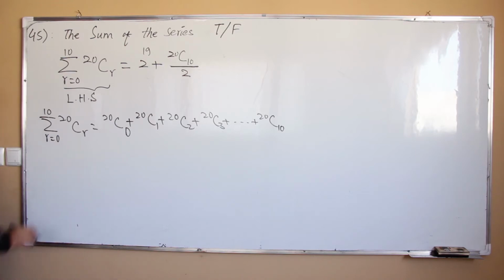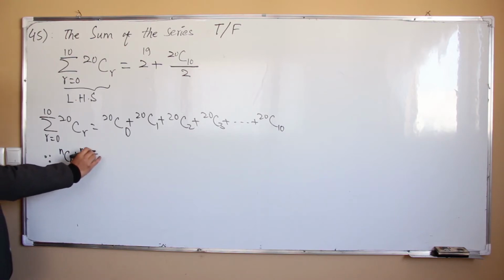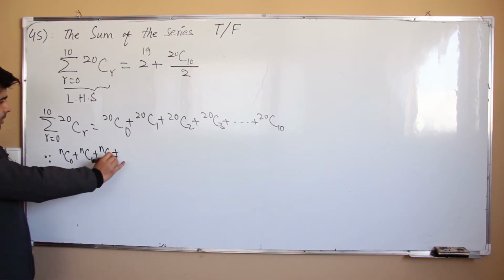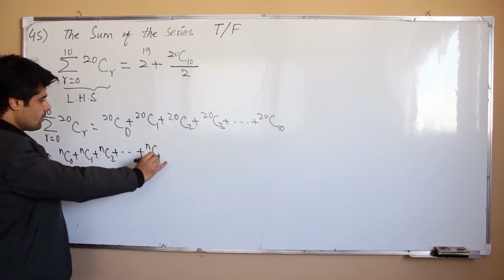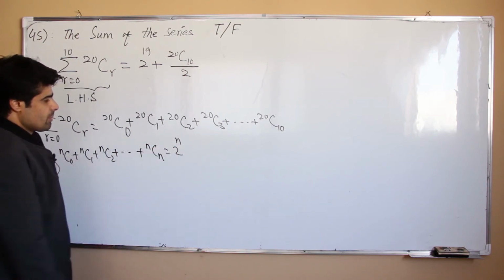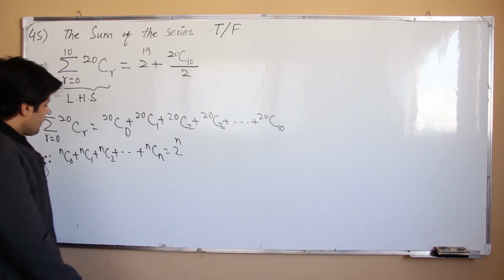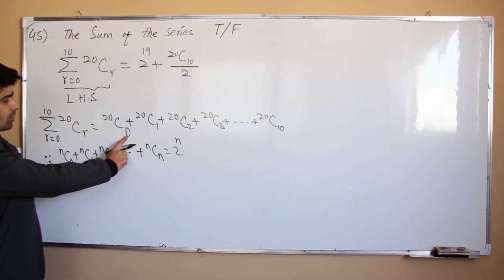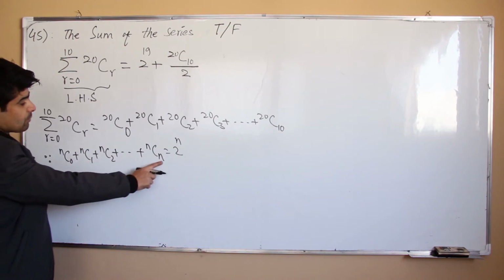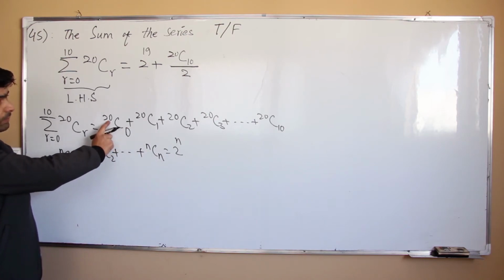Now we have one formula for combination. If we have nC0 plus nC1, nC2 up to nCn, the formula is 2 raised to the power n. Am I right? Yes. If we have it starting from 0 up to n, what is n? 20.